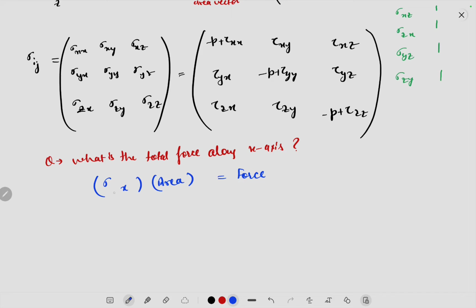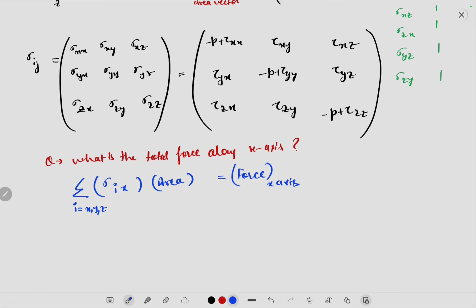With the outer subscript x, I have sigma xx, sigma yx, and sigma zx, so these three sigmas will contribute to the force along the x-axis, summed over i where i is x, y, and z.